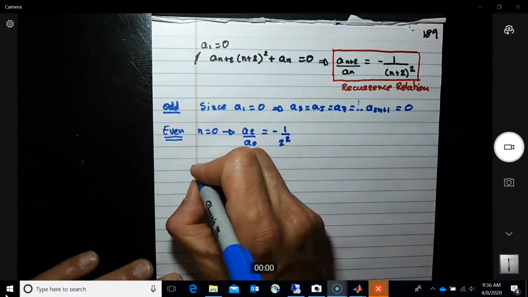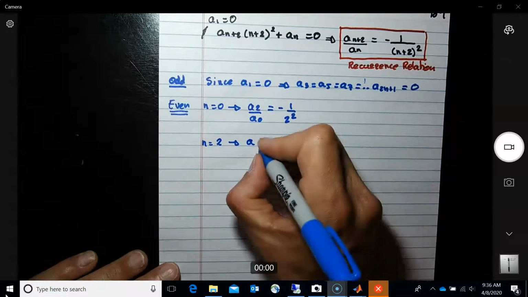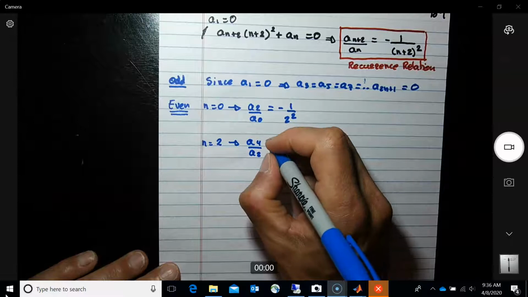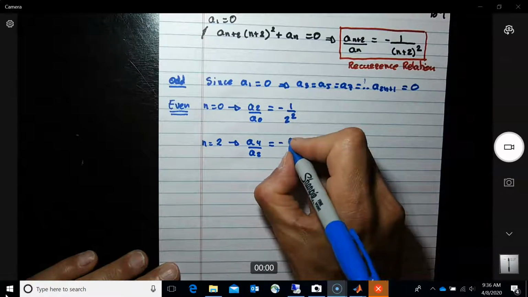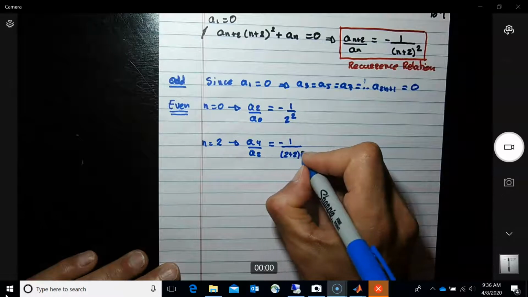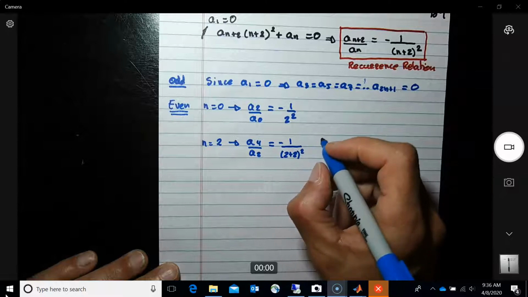If n equals 2, we'll have a4 over a2 will be equal to minus 1 over 2 plus 2 squared.